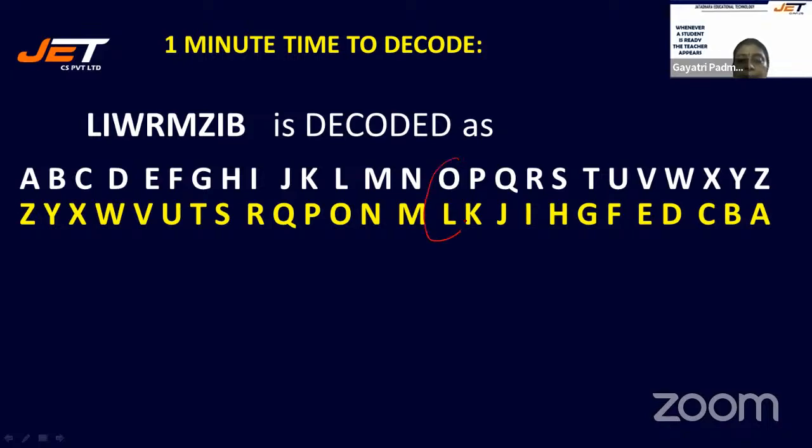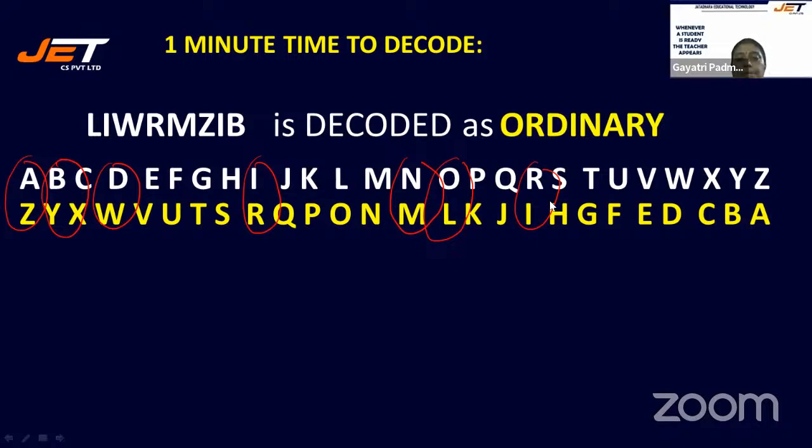Yes. Here is L. Next you have I. Next you have W. Next you have R. Next you have M. Next you have Z. Again I. And you have B. Right?